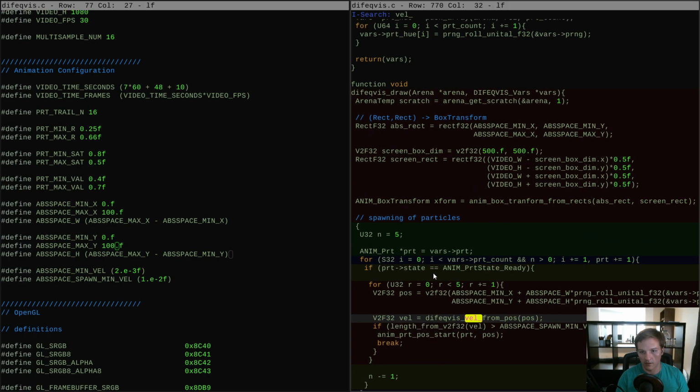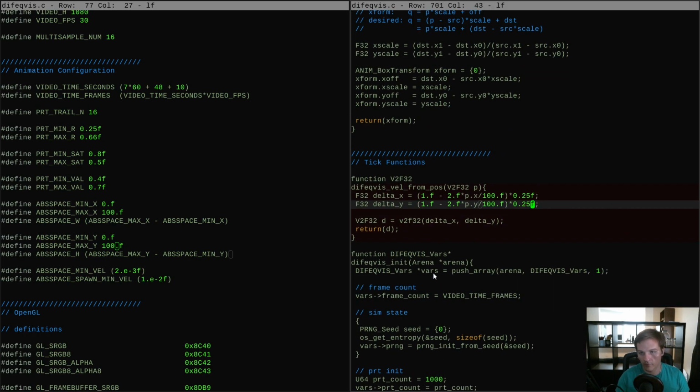Now the velocities are really low because they're like 100 times smaller. So if we did this, we should get the same thing we had before.